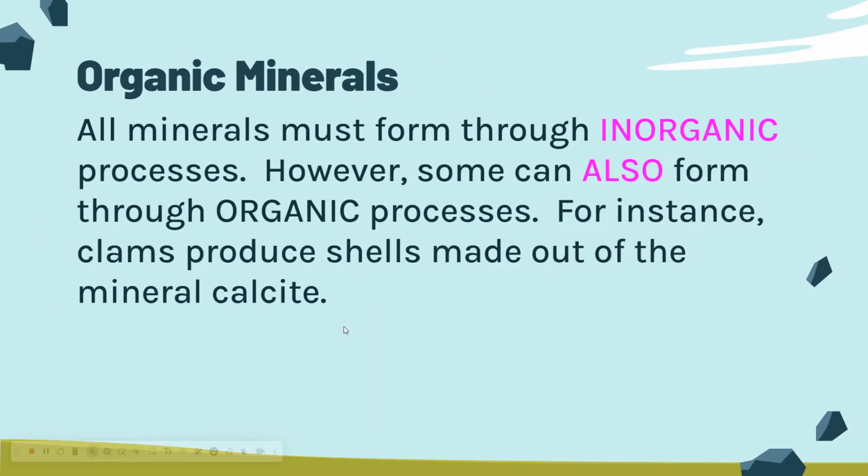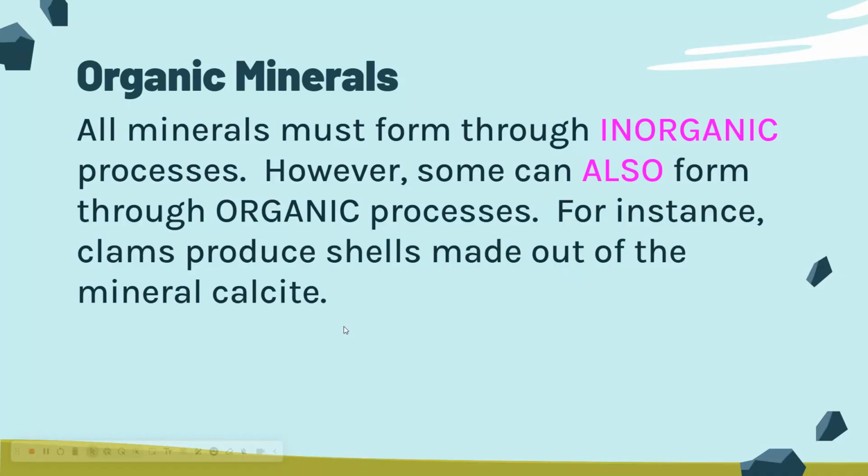All right, so first, we can get minerals through magma or lava cooling. Second, we can get them through solution, through evaporation or hot water. And lastly, some are actually formed organically. Now, part of the definition is that minerals must form through inorganic processes.